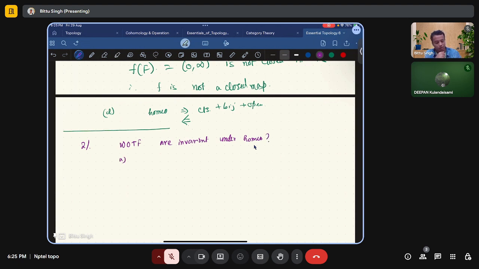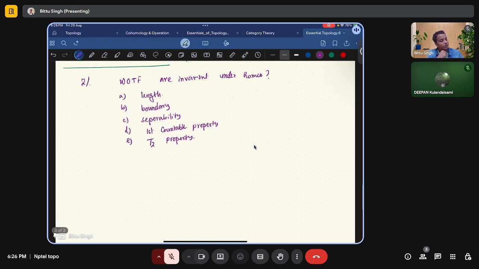Option A is length, option B is boundary, option C is separability, option D is first countable property. Let me write another option, Hausdorff property, T2 property.